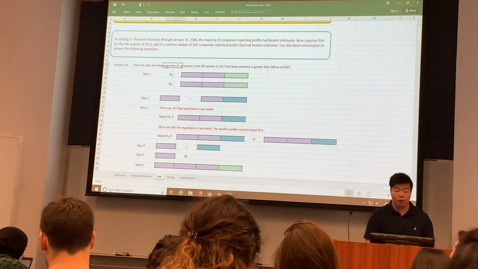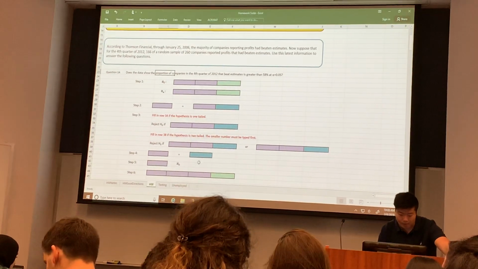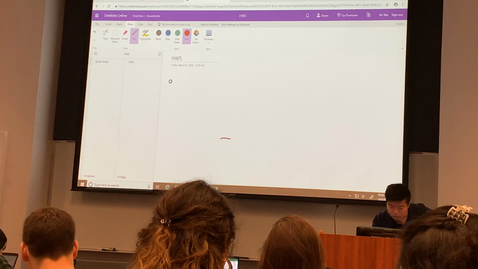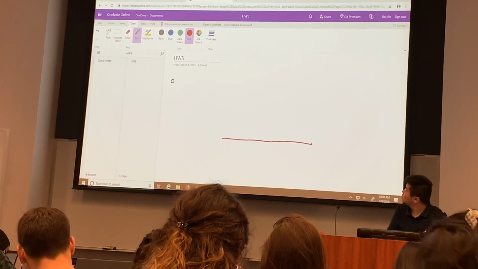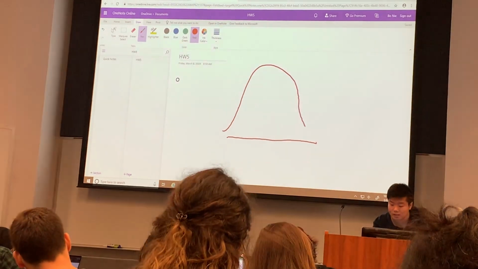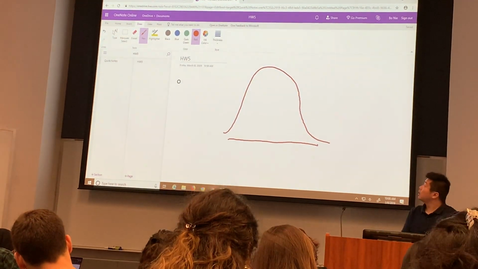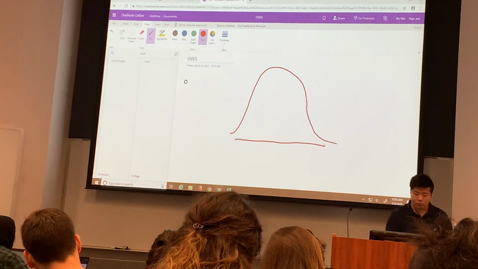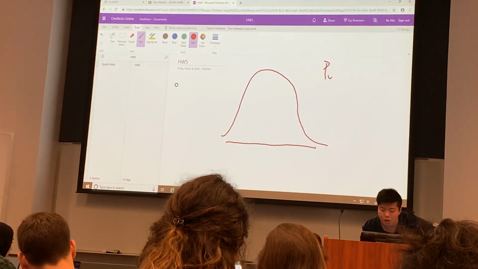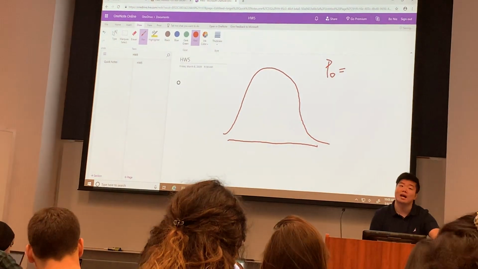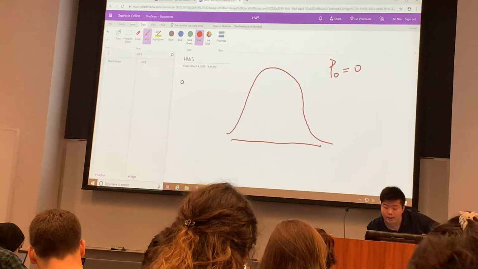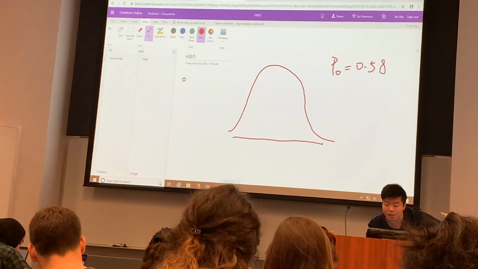All right, so first of all, let's draw the graph. By doing it this way, the students in the back can see it clearly. My P null is called the hypothesized value, which is 0.58 in this case.